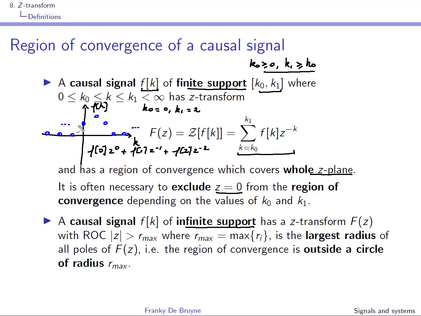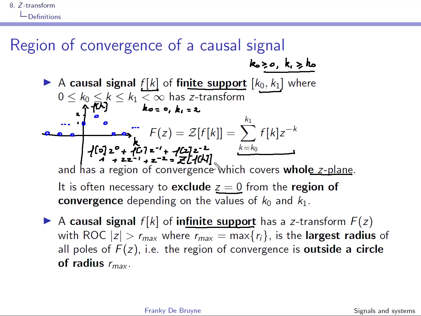So if we assume this is a 1 here, and we have a 2 over here, this is going to be 1 plus 2z^-1 plus z^-2. So this is the Z transform of my sequence f of k.